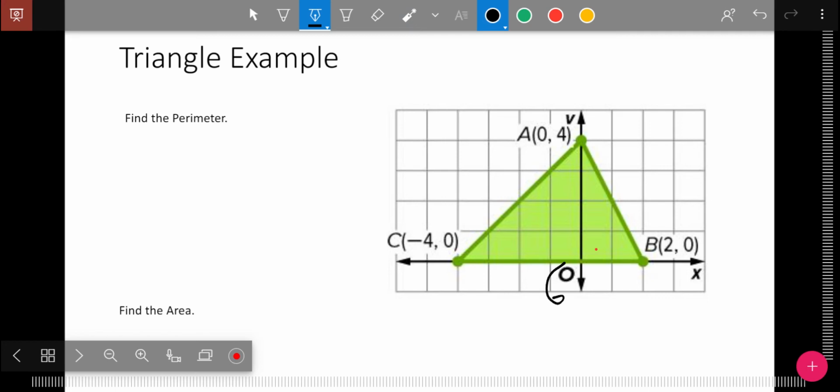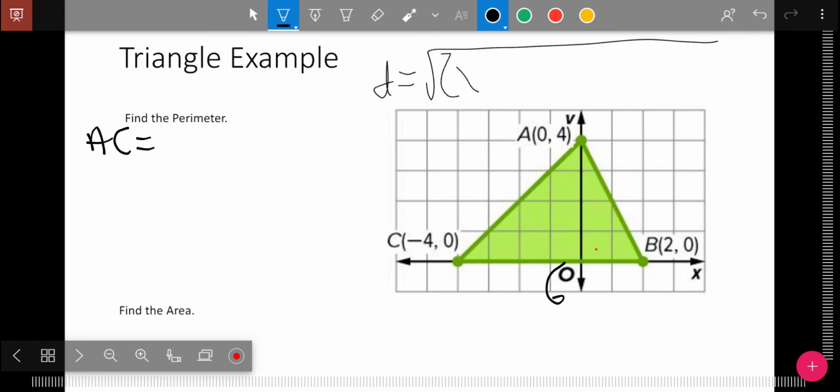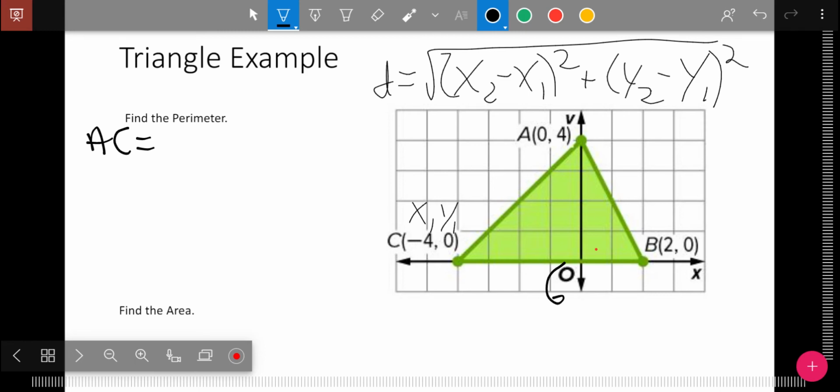For AC, I have to plug in. All right, AC, this side here, I need to plug into the distance formula. And so quick review, the distance formula is the square root of x sub 2 minus x sub 1 squared plus y sub 2 minus y sub 1 squared. And so I'm going to call this x1, y1 for this particular, and this x2, y2.